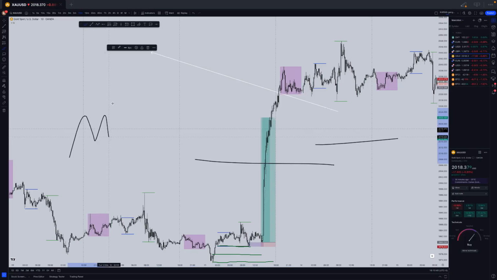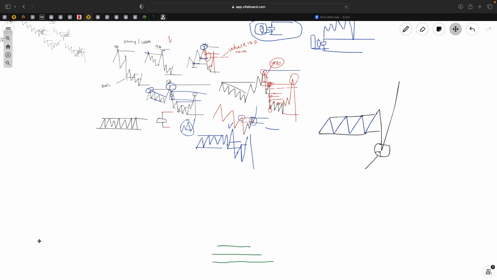Let's say you now have another block right here. Let me go and use my board. So now, let's say you have an order block right here, or let's say you have an indecision candle right here.